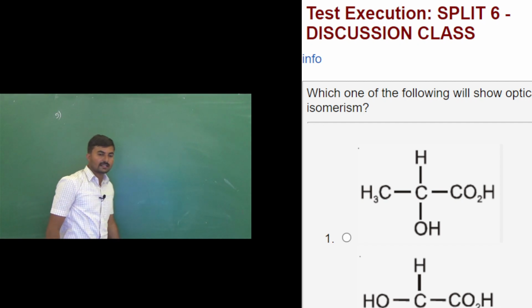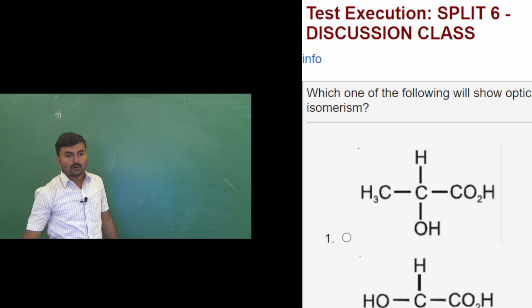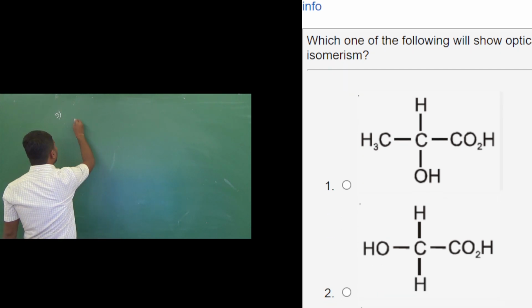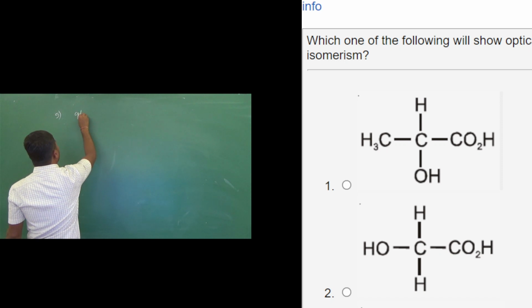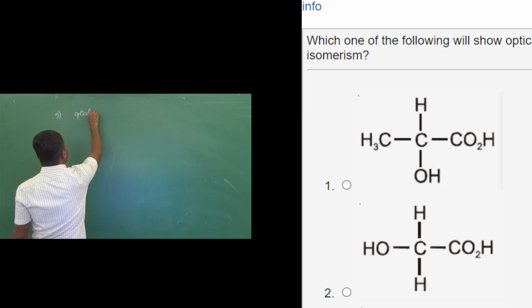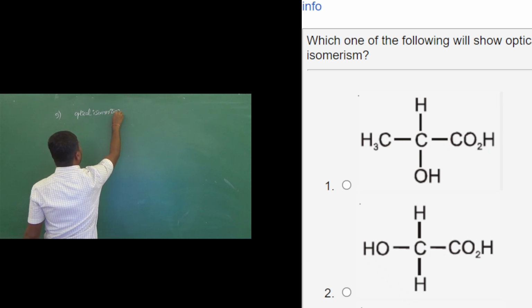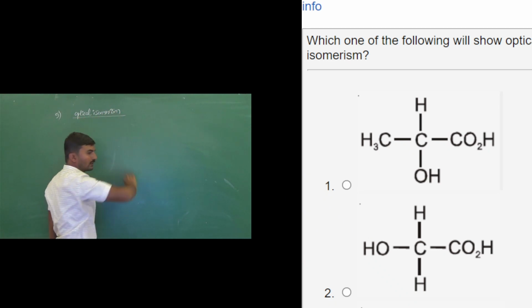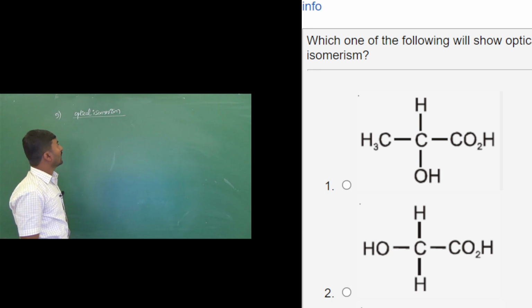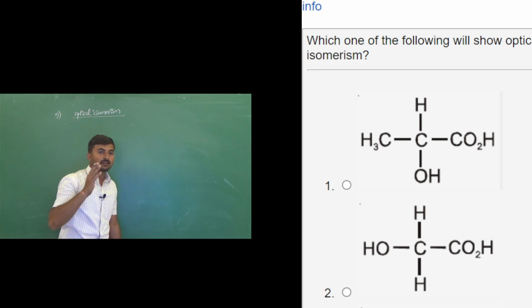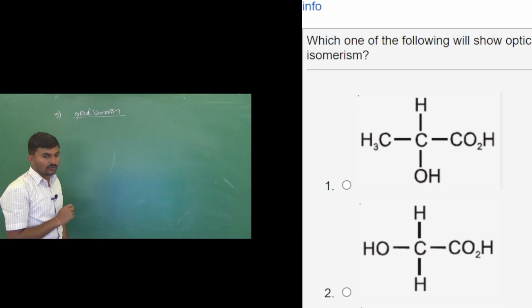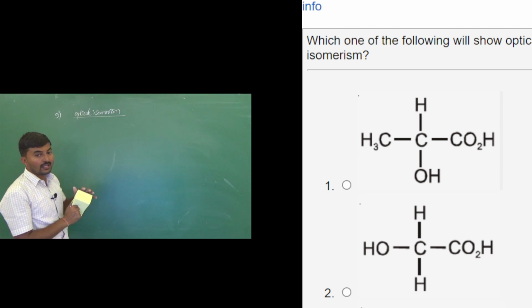Okay, so the next question is like this: which one of the following will show optical isomerism? Optical isomerism. So what is meant by this word, and what is the minimum condition that a particular molecule should have to show this optical isomerism?